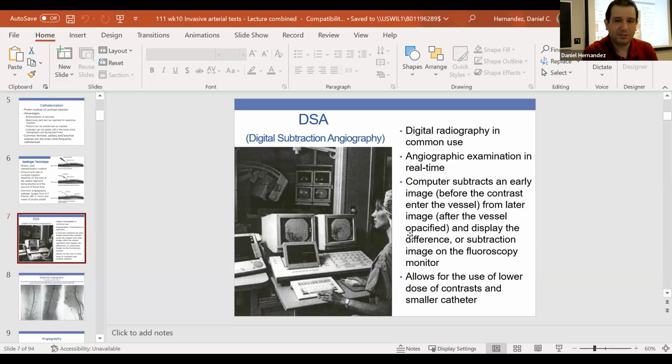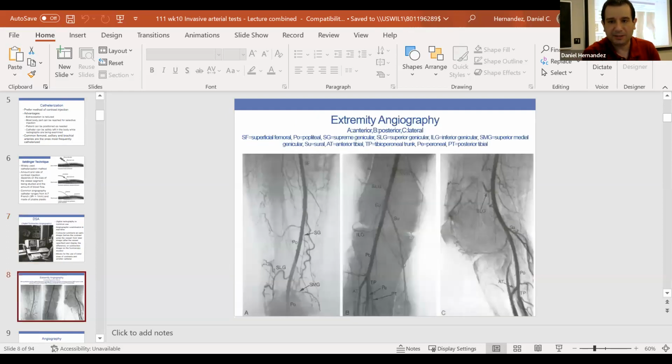The benefits of digital subtraction angiography are that less contrast is involved, and we can see things in real time. These are just some pictures now for angiography. Again, you can see it gives you a nice clear image of the vessels, all the collaterals.